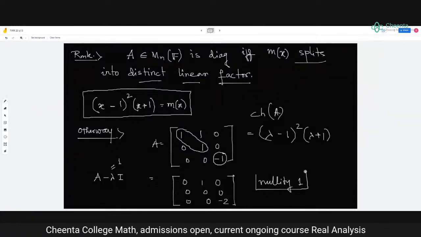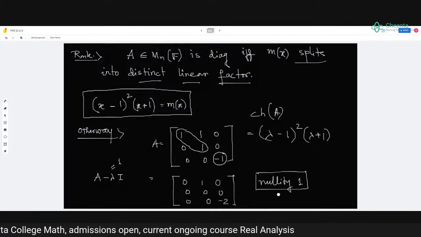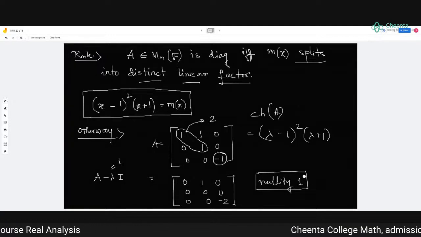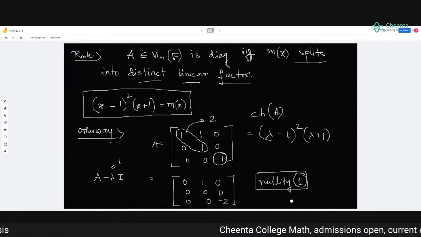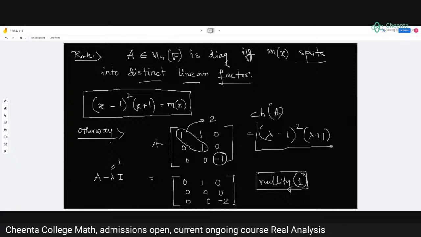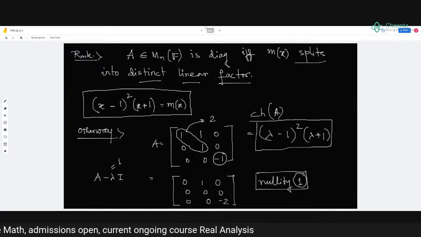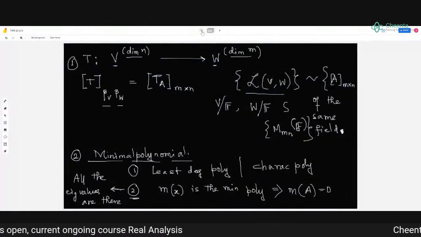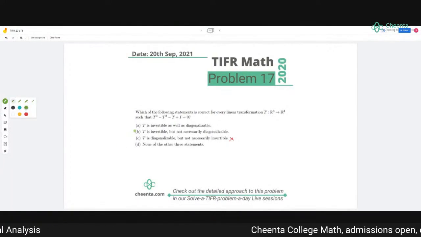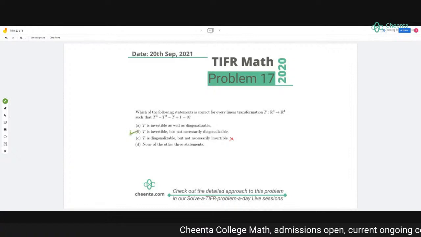The moment this has nullity 1, it shows that even though the algebraic multiplicity is 2, the geometric multiplicity is 1. Thus, it is not diagonalizable. So we had a matrix with the same characteristic polynomial that is not diagonalizable. Thus, the solution to this problem is: P is invertible but not necessarily diagonalizable.